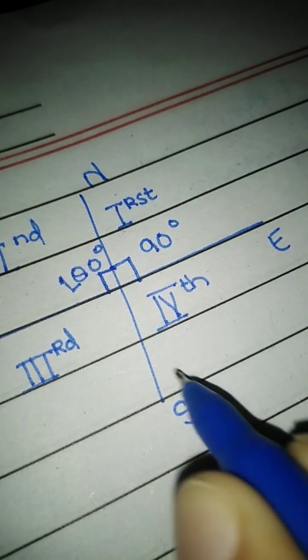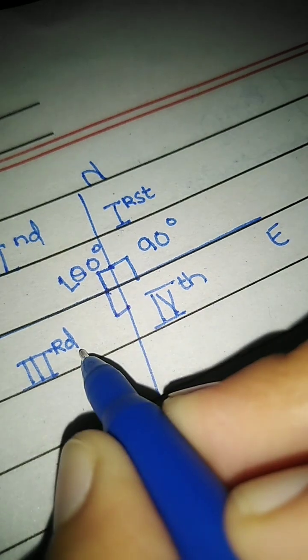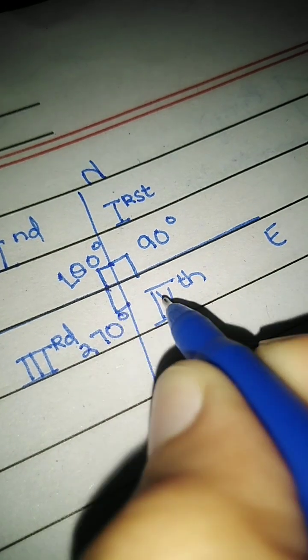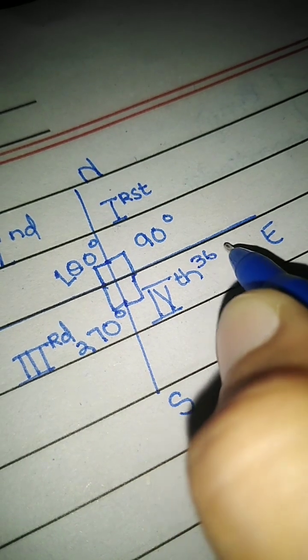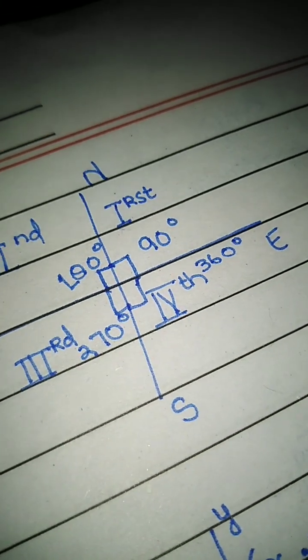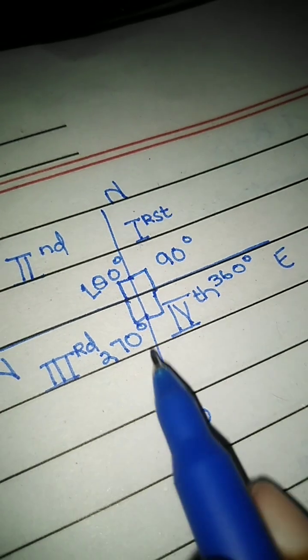Each of these four is 90 degrees, but when we sum them up we get different angles. It becomes 180 degrees, then 270, and after joining everything it becomes a complete circle of 360 degrees. So this is all about the quadrants.